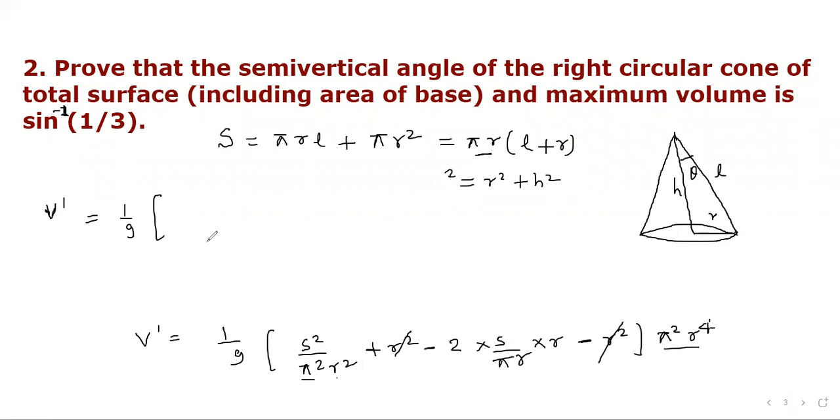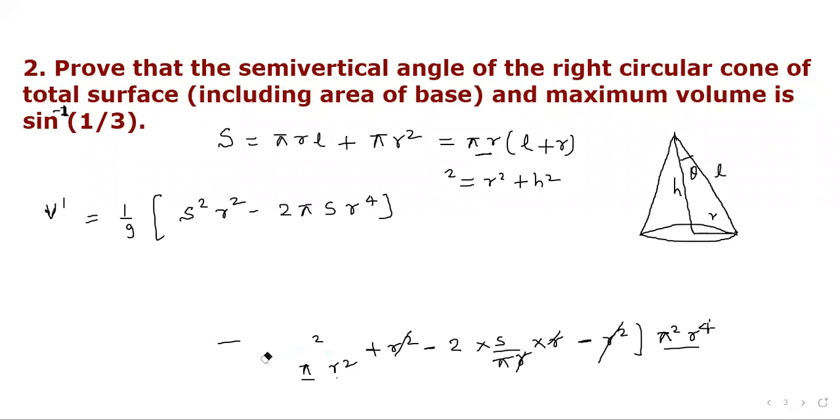So we can say it will become s square r square. What about this? When pi square r power 4 is taken here, one r is automatically cancelled, and one pi will get cancelled. So we will get 2 pi s r power 4. So we have got v dash.